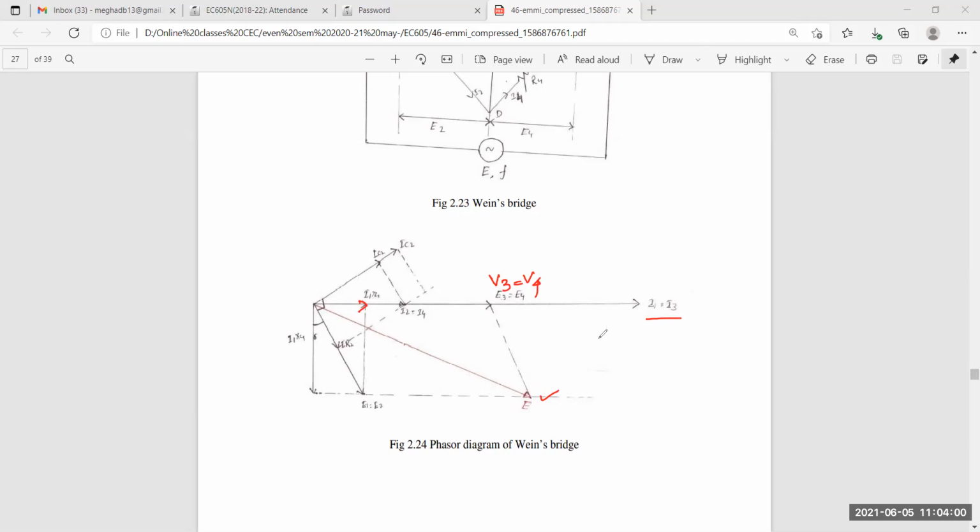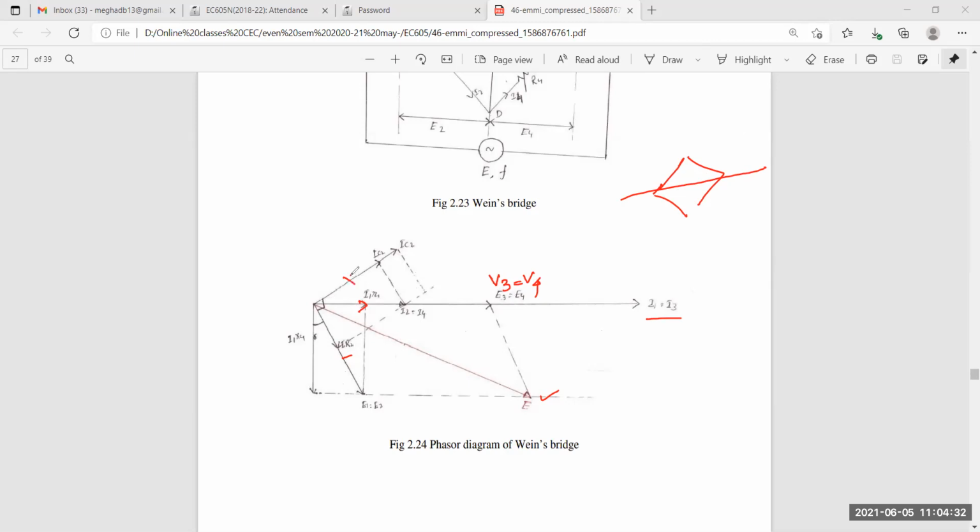Now the I2 R2 portion will be in the negative direction, so they take this as the reference line, and in the negative direction they have taken the angle as 90 up to here, and the rest they have drawn like this.